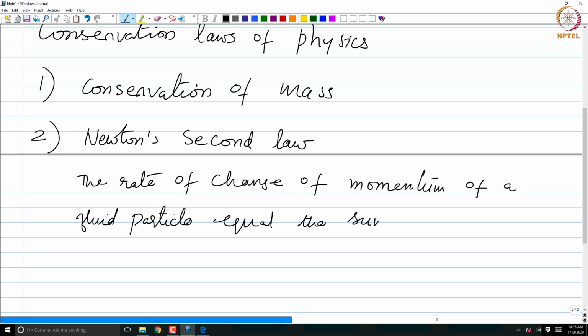The sum of the forces, the resultant of the forces acting on it, acting on the fluid particle. Okay, so that is Newton's second law of motion.